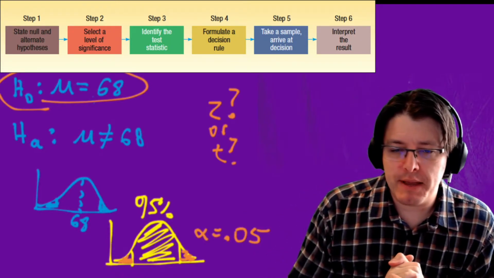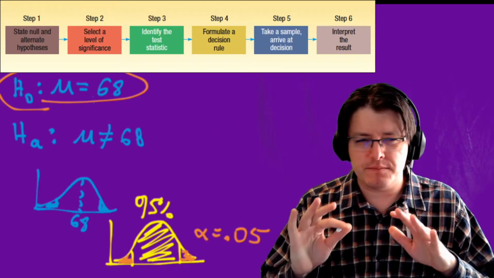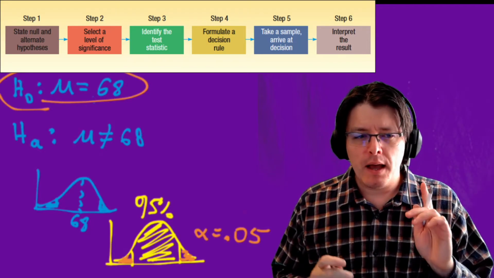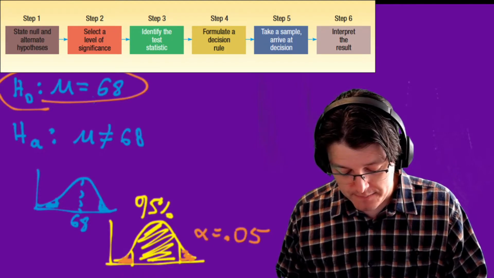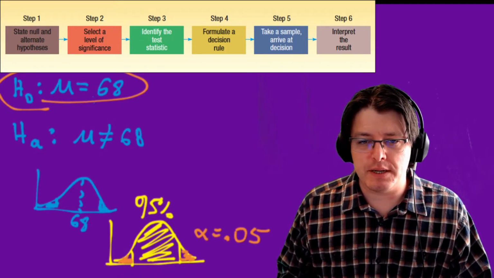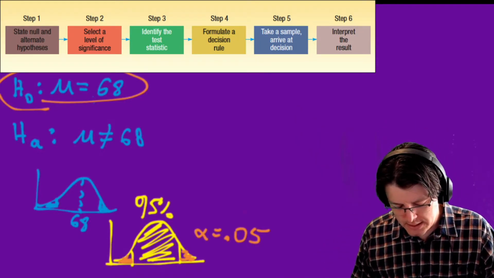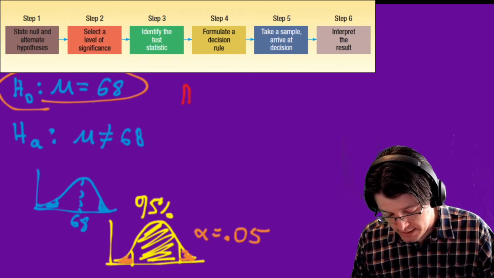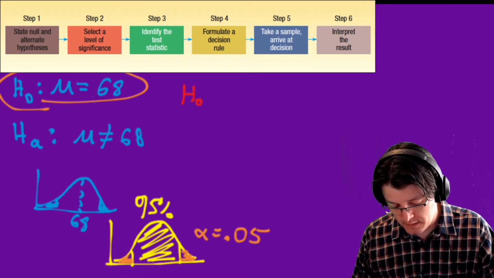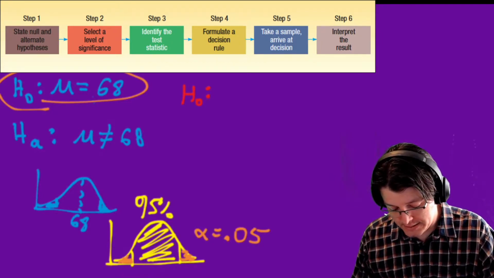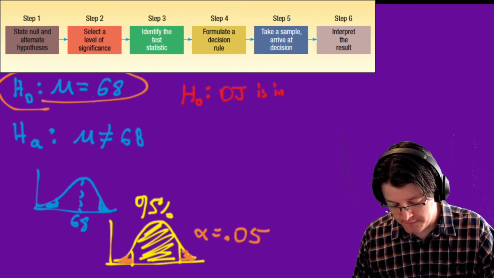One good analogy to help you understand what we're actually doing here, or the process we're going through: another way to set up a null hypothesis, and this will age me a little bit because I doubt many of you were born at this point, is to write the null hypothesis as OJ is innocent.